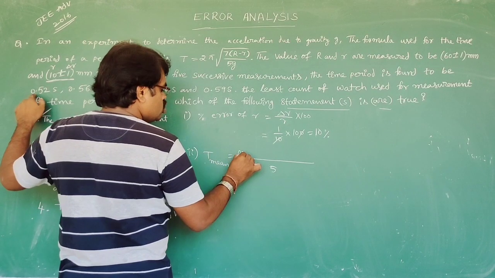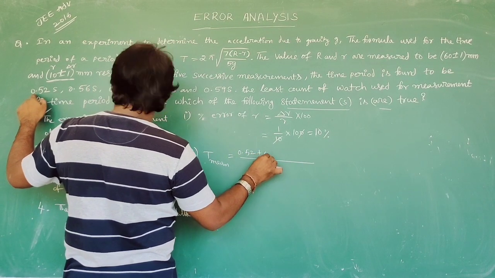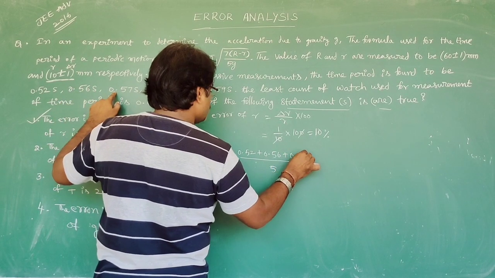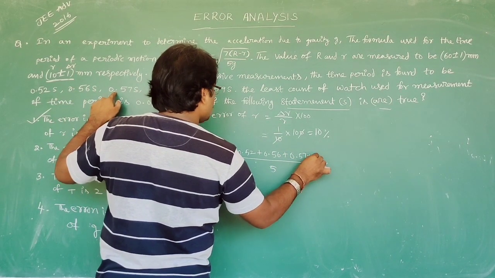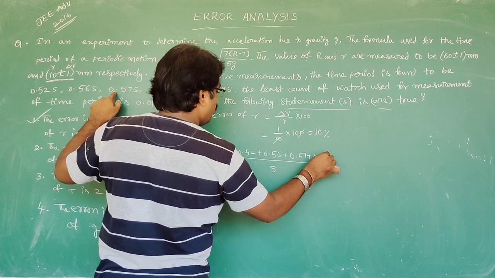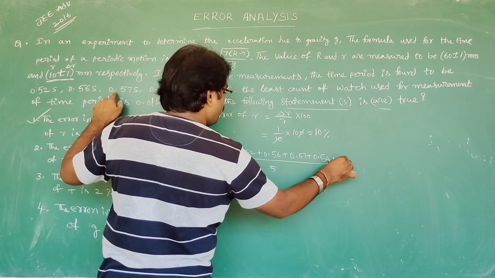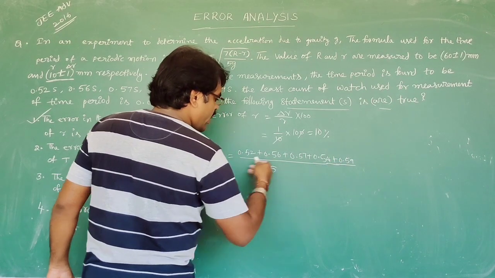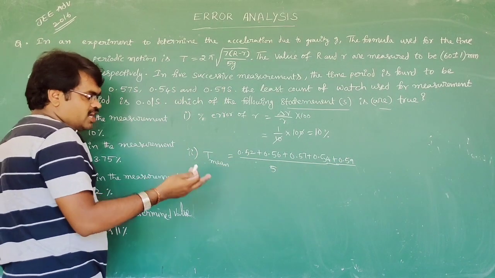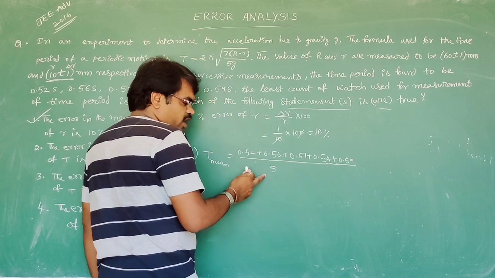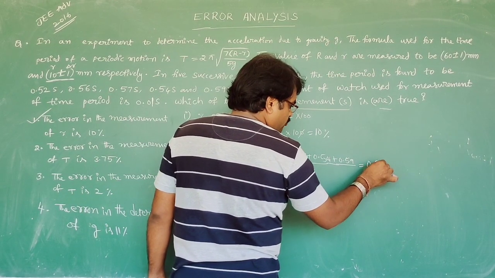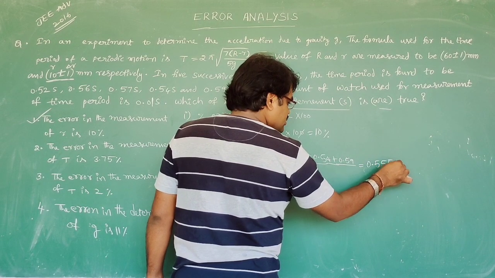What is the sum of the terms? 0.52 plus 0.56 plus 0.57 plus 0.54 plus 0.59. Adding these and dividing by 5, we get 0.555 seconds.